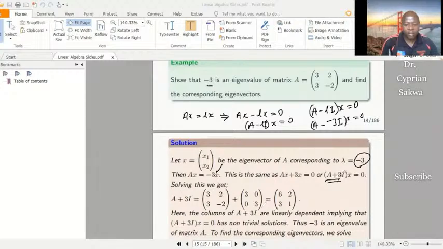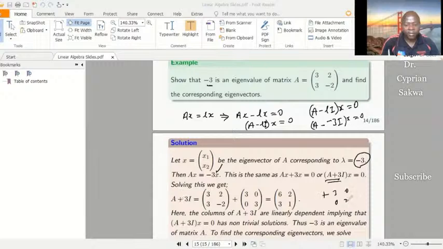But if you want to do the whole thing together, as we will see in the other examples, you want to do all the parts together. But I've only chosen to do this part. When I do this part, I have A, which is here. Then to that A, I'm adding 3I, which is 3, 0, 0, 3.